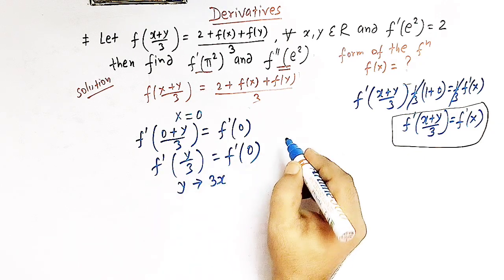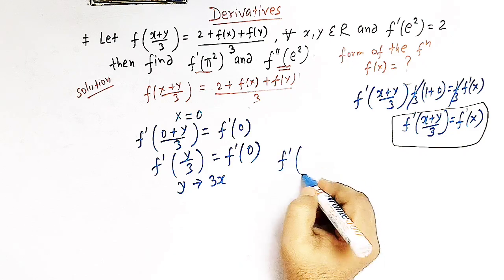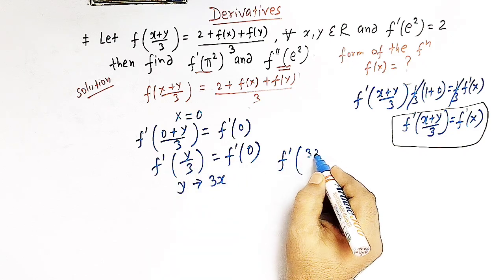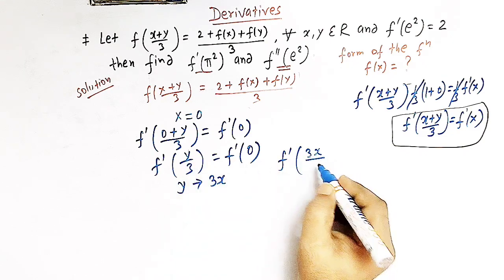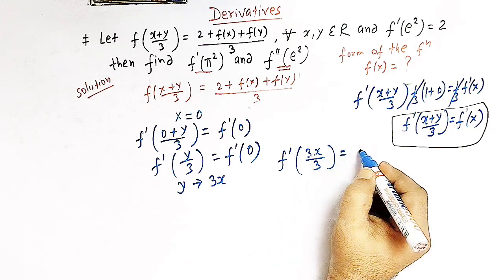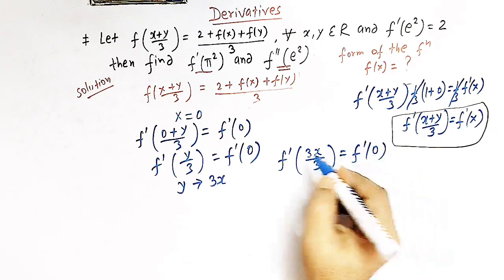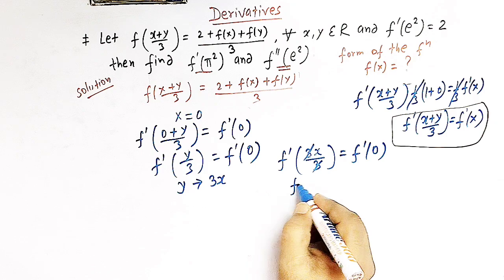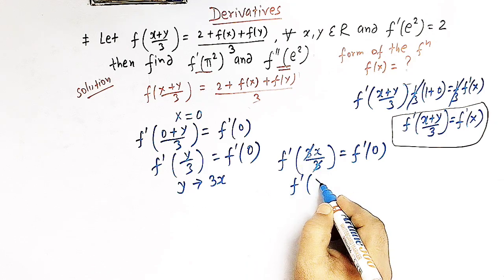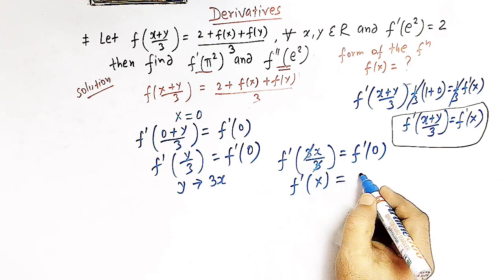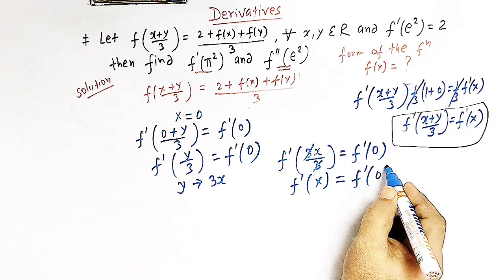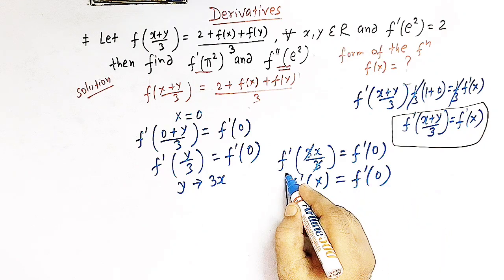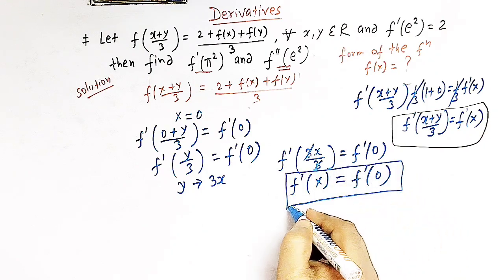So we have f prime, and here for y we can write 3x, and here we have 3, and this is equal to f prime of 0. Now 3 and 3 get cancelled, so we are left with f prime of x is equal to f prime of 0. Now this is an important result.